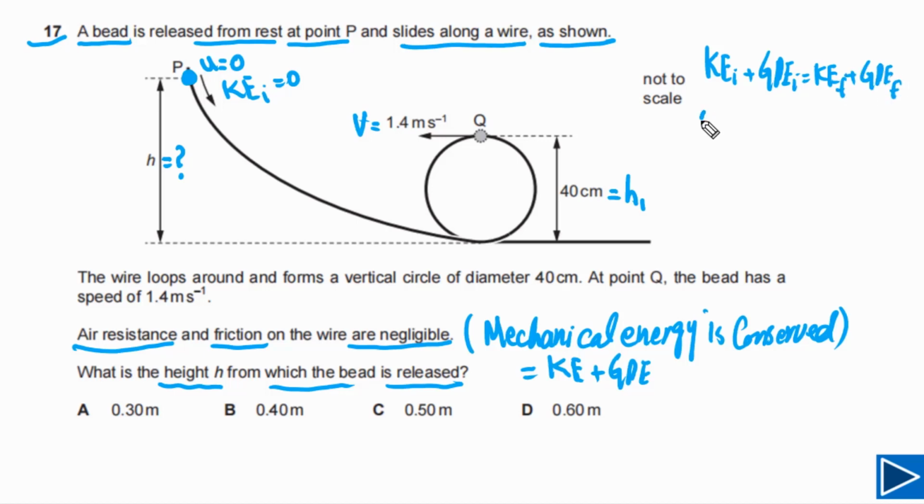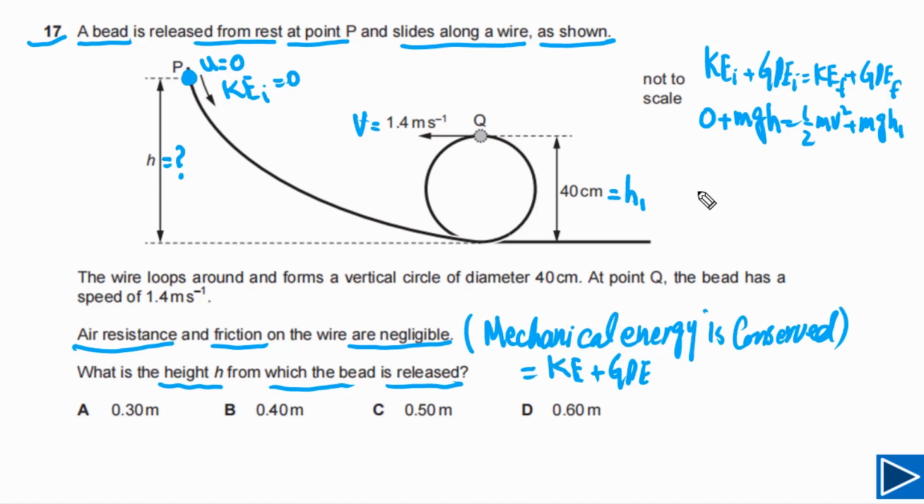Kinetic energy initial is equal to 0, and imagine that the mass of this bead is m, so the initial GPE is mgh. Kinetic energy final will be equal to 1/2 mv squared, plus mgh1. So h1 is this height.